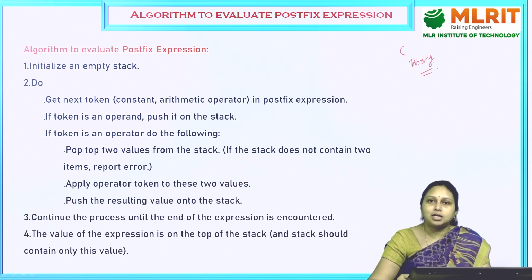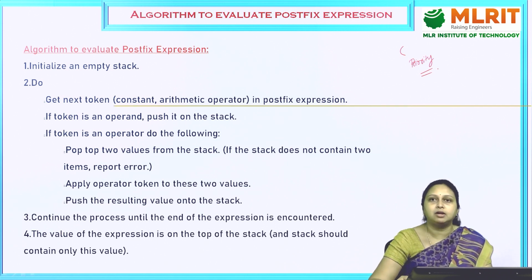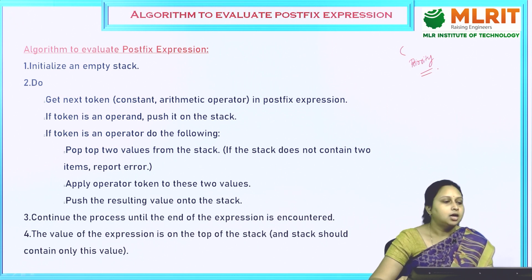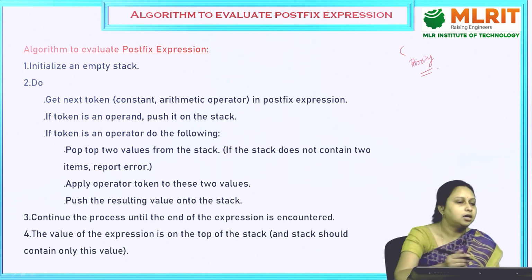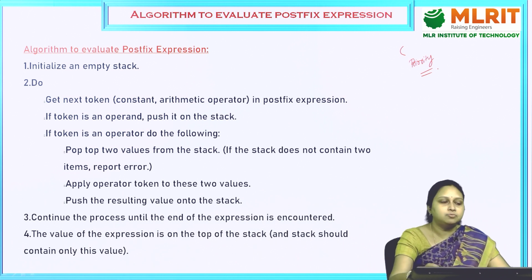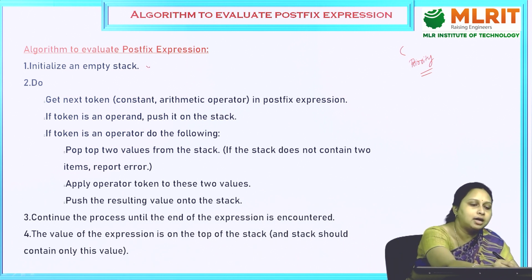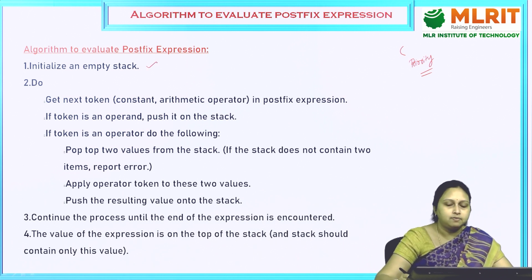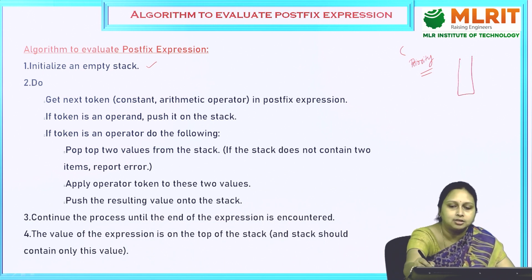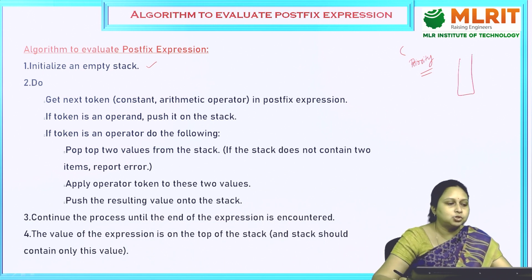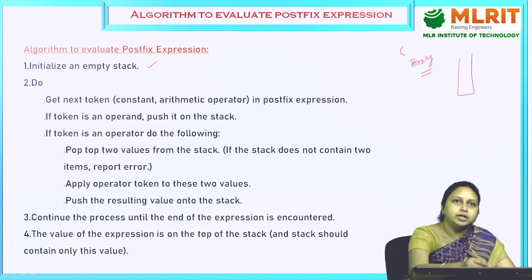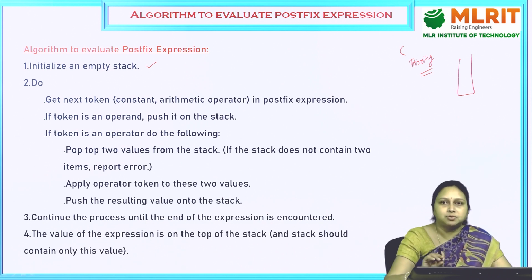Now, how to evaluate this expression? If you are given a postfix expression, how will that be evaluated? Let us see, this is one algorithm which has to be known to you, so that you can evaluate the expression very easily. Coming to the algorithm, the first step is we need to have an empty stack. We are going to take an empty stack here, then followed by a few steps. We repeat this process until the expression is completed.